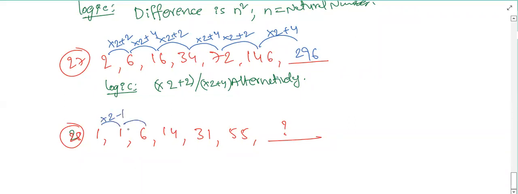Then 1 into 2, 1 into 2, you need plus 4, right? Then it is into 2 again, 12 plus 2. Any pattern? No. So no particular pattern means it cannot be the logic. Next.